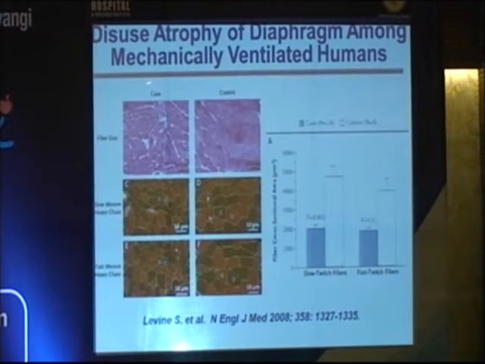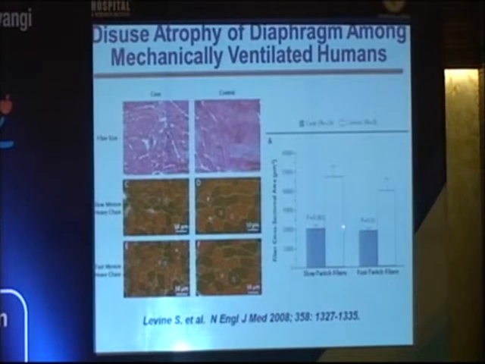So here is just some physiology and chemistry behind this. These are patients who were mechanically ventilated, and these are control patients without mechanical ventilation. And this study actually did serial biopsies of the diaphragm. You can see among patients who were receiving mechanical ventilation, there is a decrease in the fiber size, the concentration of the slow myosin fibers and the fast myosin fibers, and graphically this is shown here.